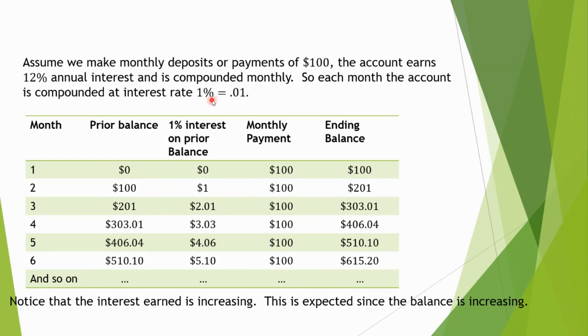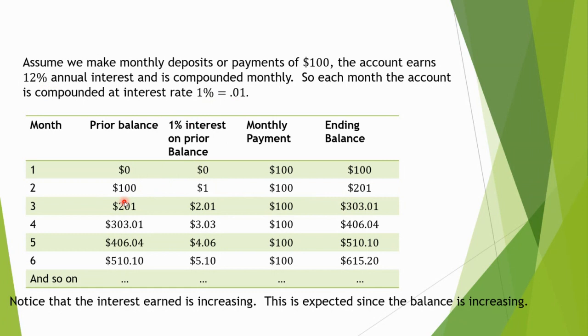You can get that by just converting the 1% to a decimal like I did here. You multiply, and you get $1. After all that's happened, this is all at the end of the month. We then make our monthly deposit. So in the end, we have $201.